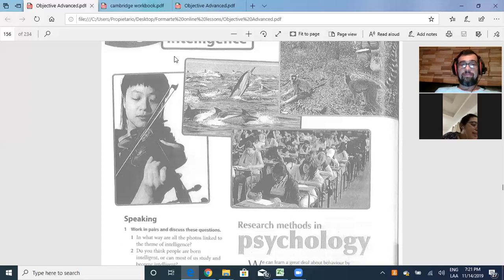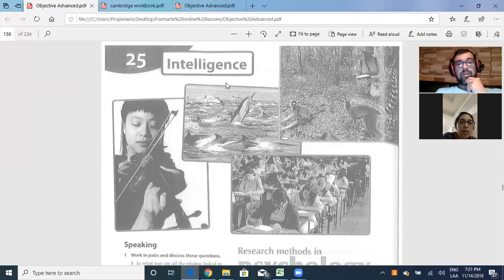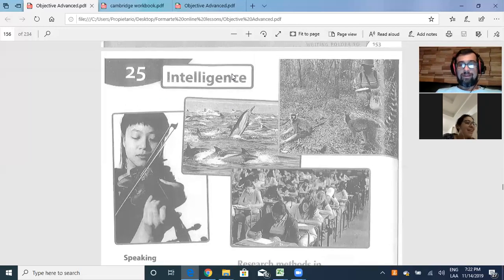Well, then in the other pictures, in both pictures we have animals. In the picture in the corner it's like a girl, but she's working with animals. I don't know much about dolphins, but I heard that they are as smart as human beings.